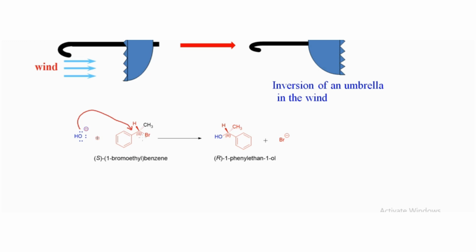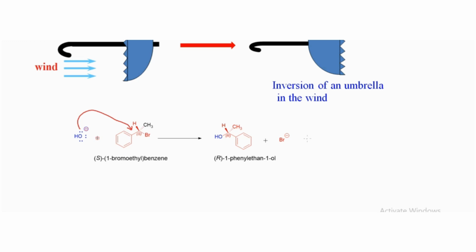If you have learned the absolute configuration, then it is very easy. You see, in the starting material, the absolute configuration is S. After the nucleophile attacks the chiral center, the absolute configuration becomes R. That means the configuration is getting changed or inverted. So this is called inversion of absolute configuration.